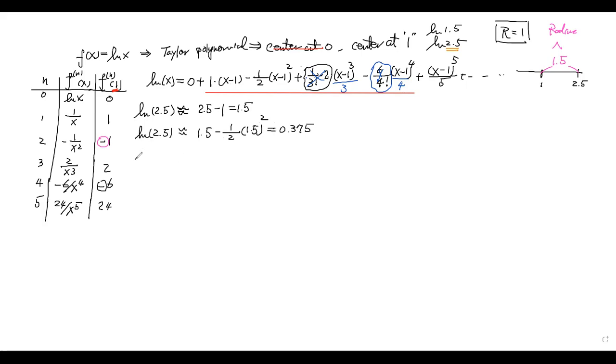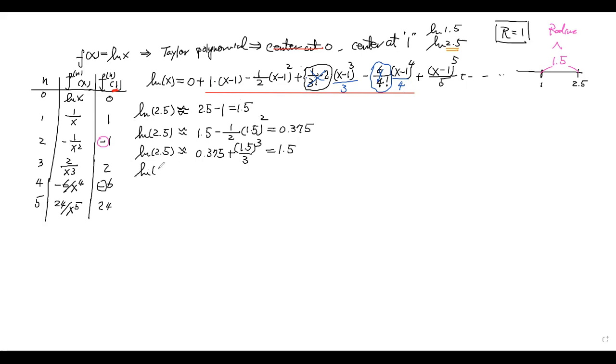Okay, now let's take a look at the next term for 2.5. That means you need to add 1/3, 1.5 to the third power, correct? And the value here is 1.5.